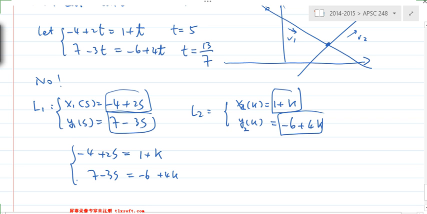So we construct two equations based on the condition we want them to meet or to intersect each other. So two equations and two unknowns, and you can solve for s and k. And once you get s and k, if you sub the s and k back into the line equation, you will see that's going to be the intersection point. Okay?